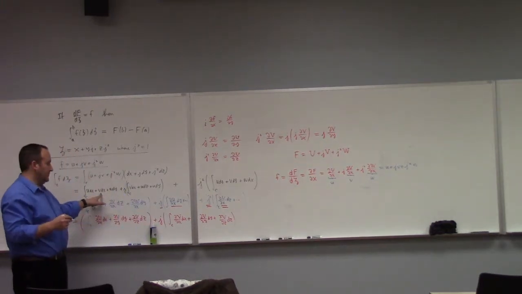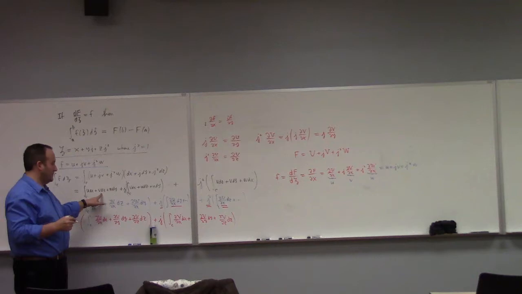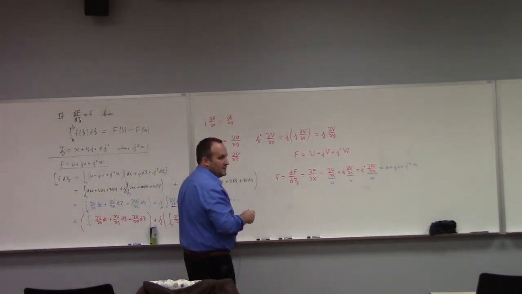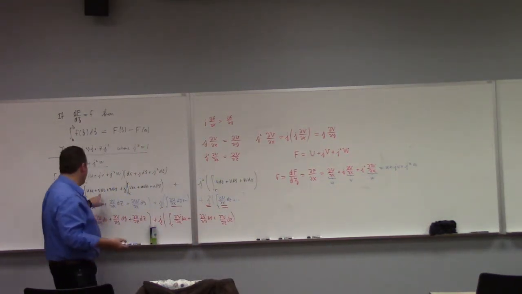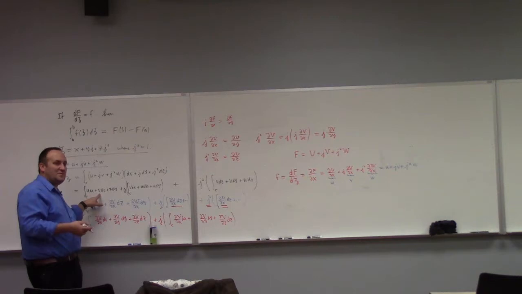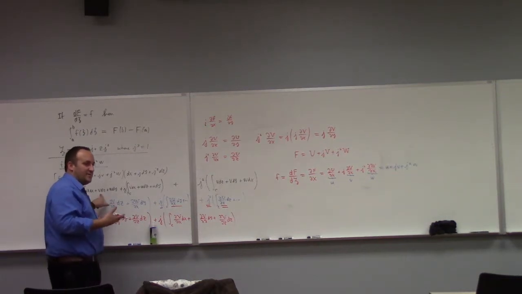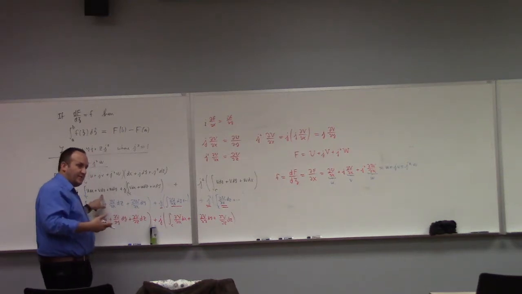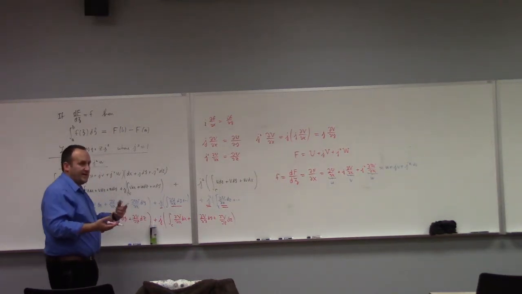For the first one, you're going to have to use your imagination. You have to put a j cubed there, and then split off two of the j's to convert the x derivative to a z, and leave the other j to factor out here. So that kind of thinking is involved.